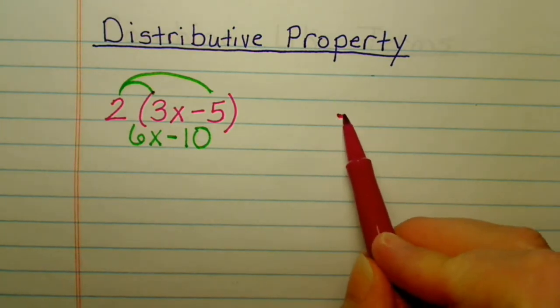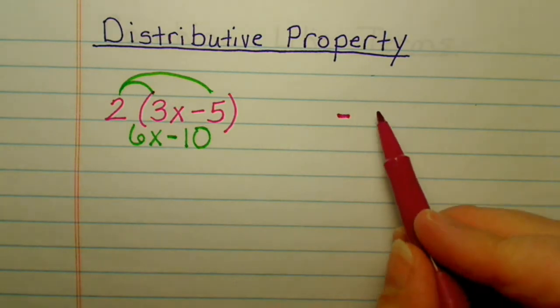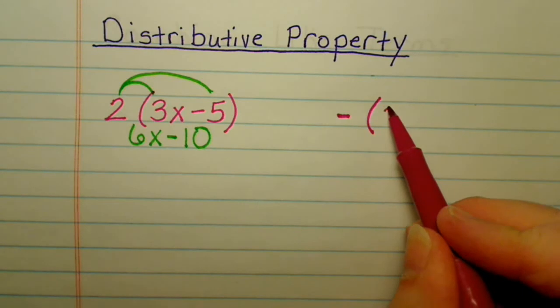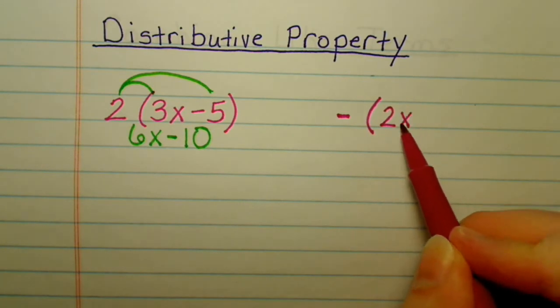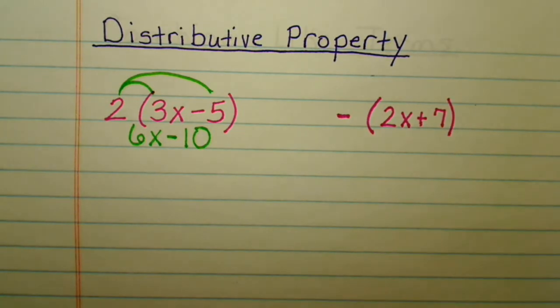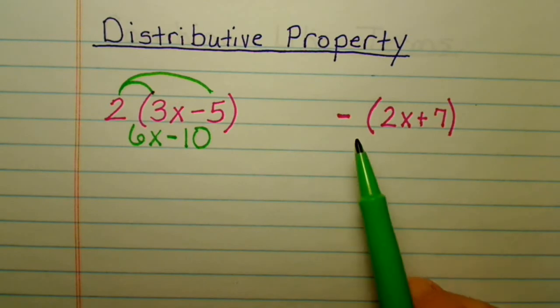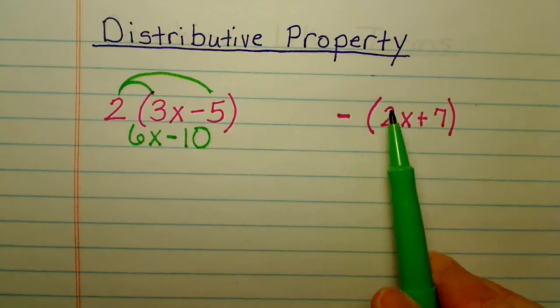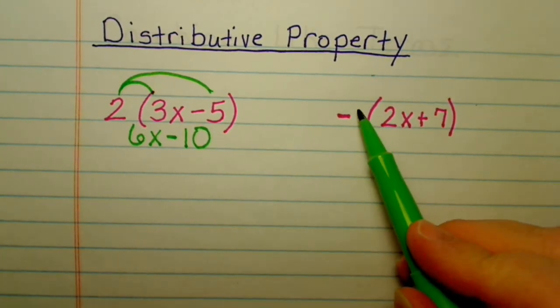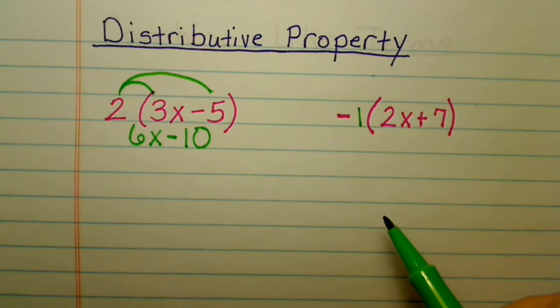Okay, another example that I want you to make sure you keep in mind. Let's say you have a negative or a minus, and then inside of the parentheses you have something like 2x plus 7. Well, we want to use the distributive property here also, because you want to distribute this negative times everything on the inside. So it's kind of like you think about that understood 1.